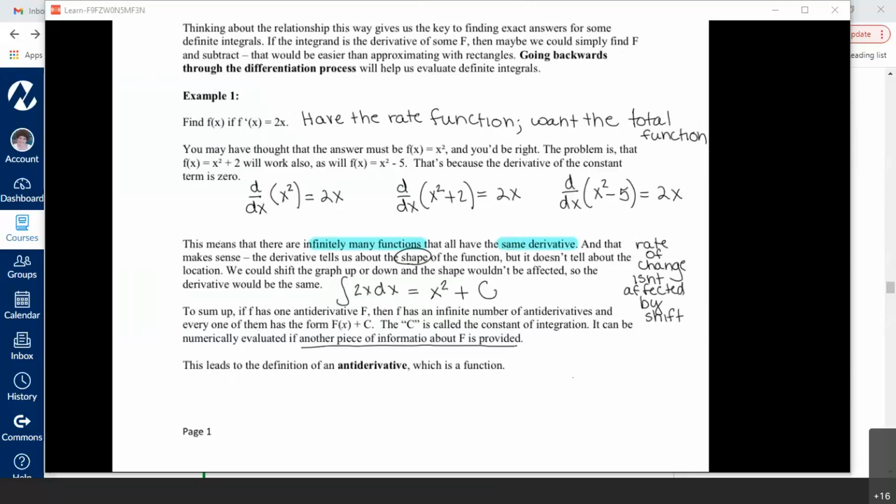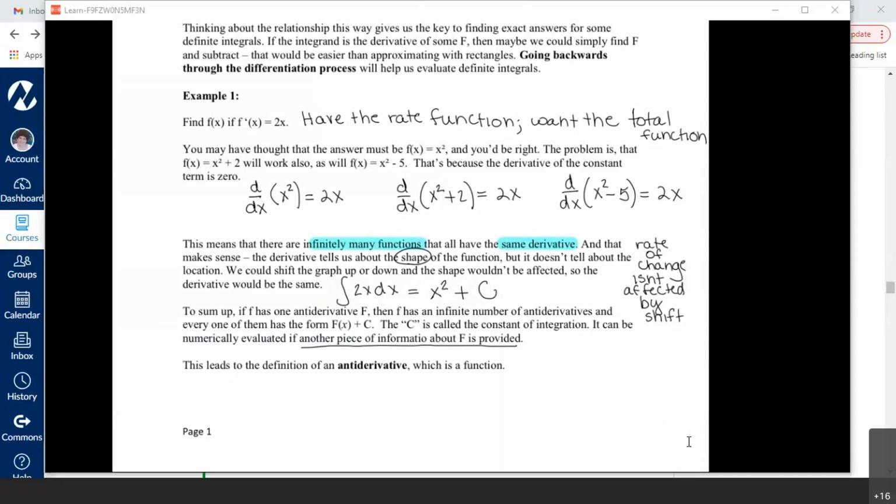But here is your first antiderivative. It's the integral sign without any bounds on it, no a or b here, some sort of a rate function times dx. And we're saying, if you were to sum this function up, the area under this function, you would get a function that's x squared plus some constant.